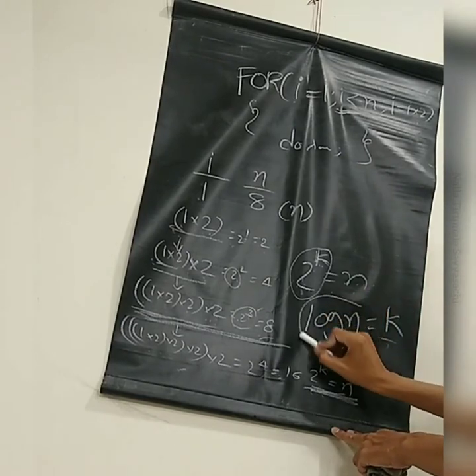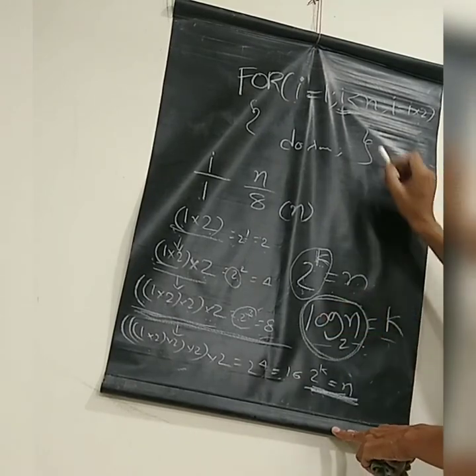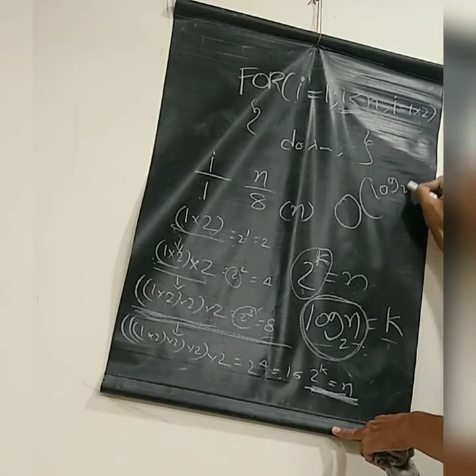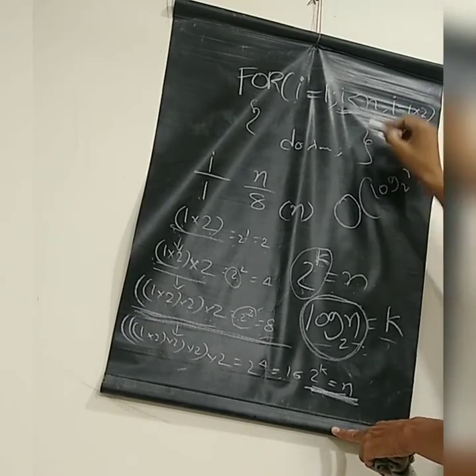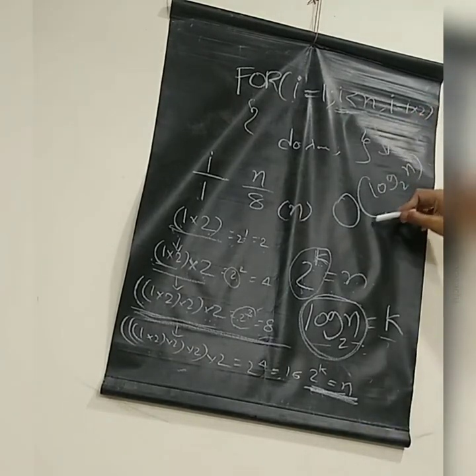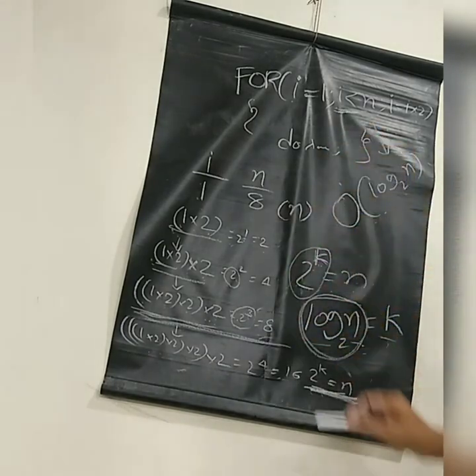So what am I left with? This is the complexity of this program, which is big O of log n. So the complexity of this for loop is big O of log n, right? I hope you understood clearly.